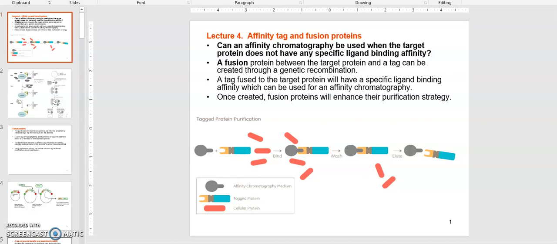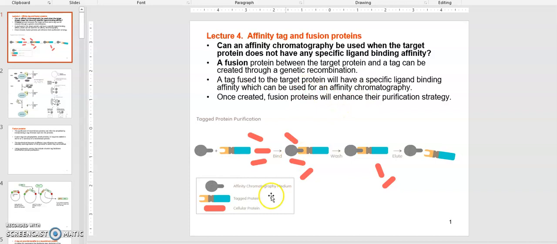You can generate a tag on your protein molecule and then have the tag bind to its affinity column. By engineering your protein to have a little tag on its head or tail, you can have that tag bind to the resin, and then you can use affinity chromatography. That's what we're going to talk about in this lecture.